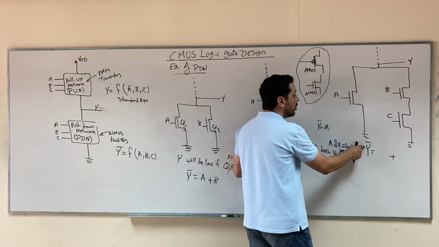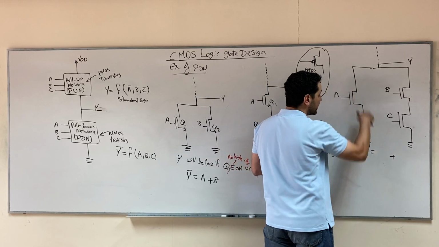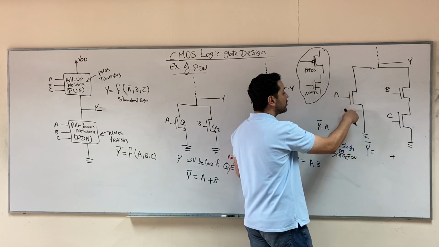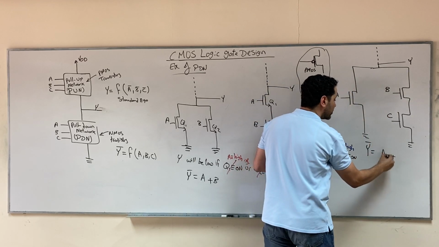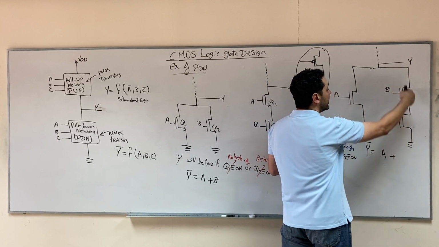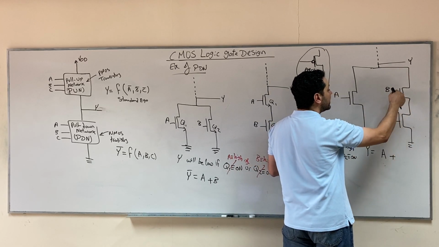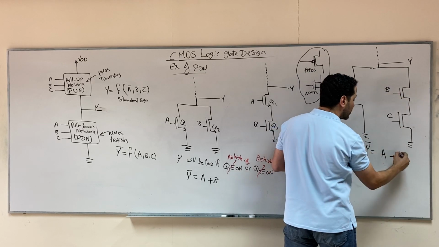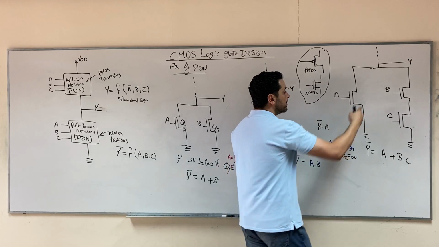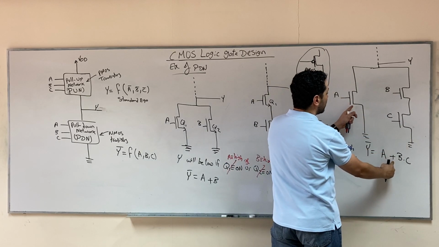This branch will be on if A is high, so we write A. Or this other branch is on, and it will be on if both B and C are high, so we write B and C. So here, as you see, parallel connection gave us an OR operation.